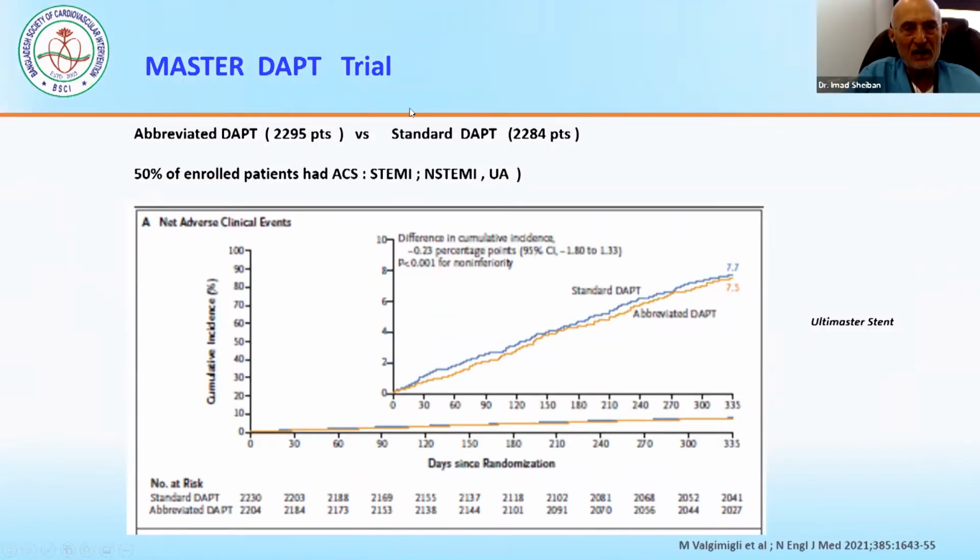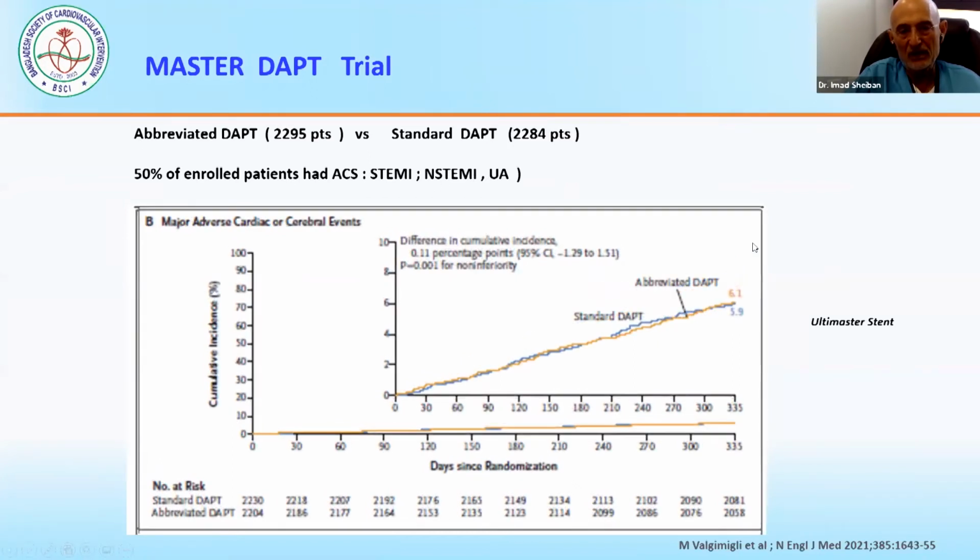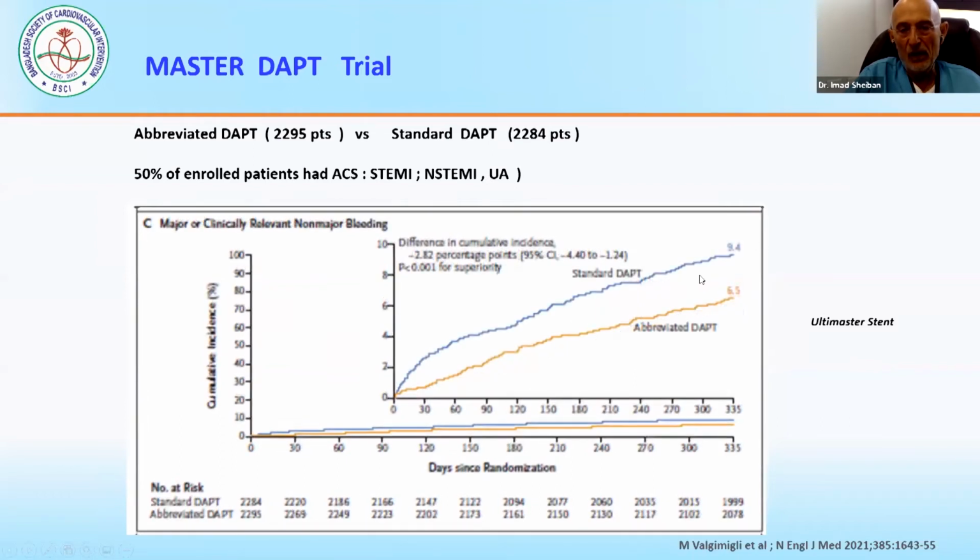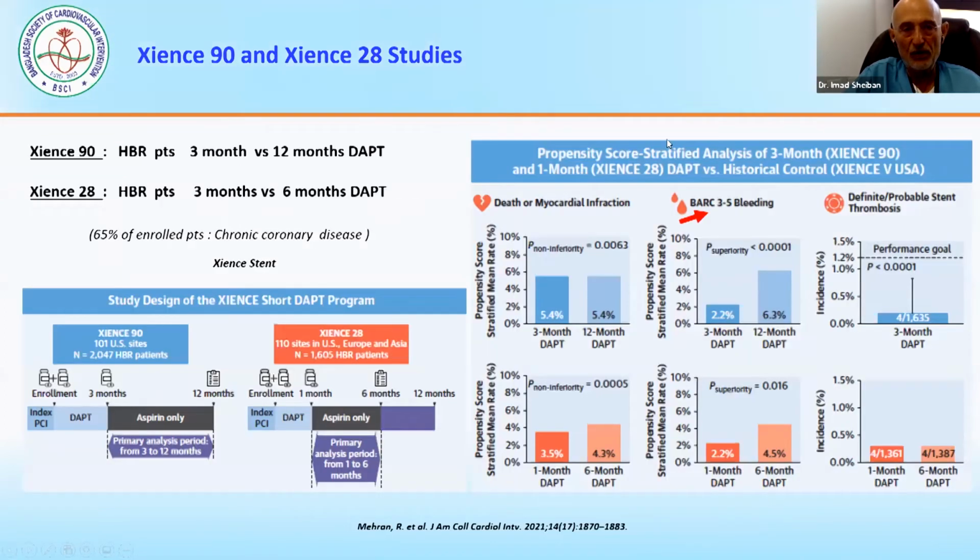Then more recent trials like the MASTER DAPT trial, with the Ultimaster stent, showing again that adverse clinical events are not changed by shortening the DAPT, abbreviated at 3 months, and the most important benefit is that we are reducing bleeding significantly in this cohort of patients.